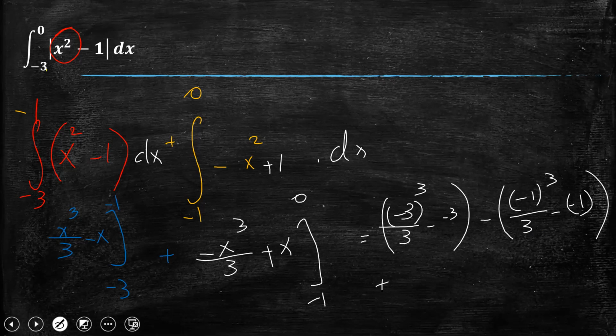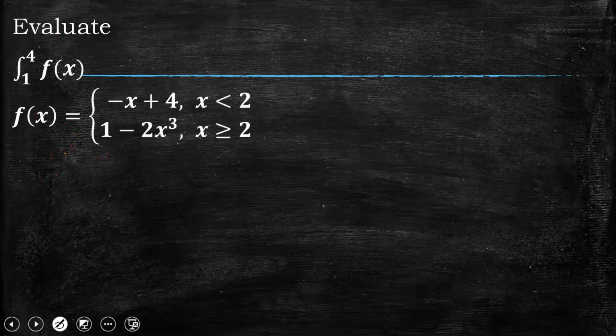Then plus, here you have to find f of negative 1, which is negative 1 cubed over 3 plus negative 1, minus f of 0, which is 0. Then you have to continue. Is it clear? Yes, teacher.